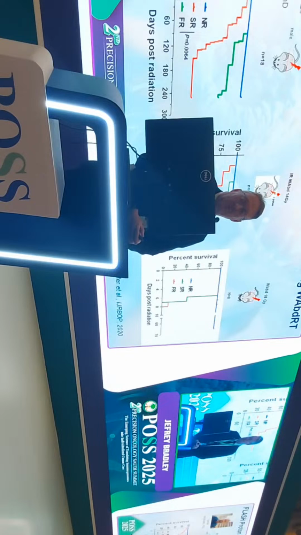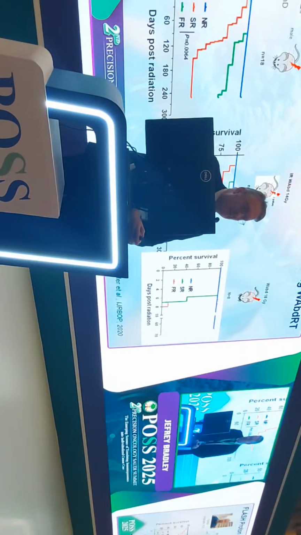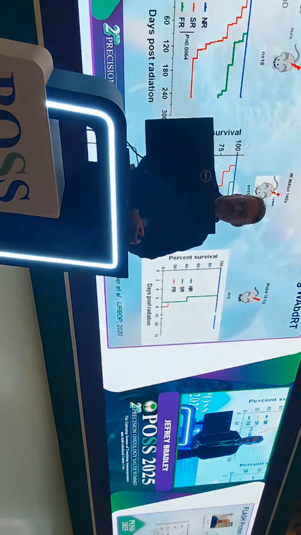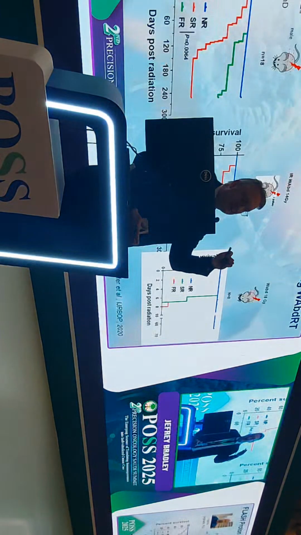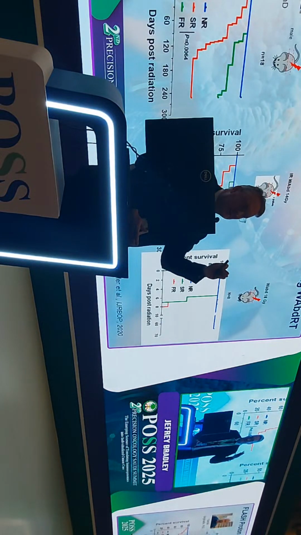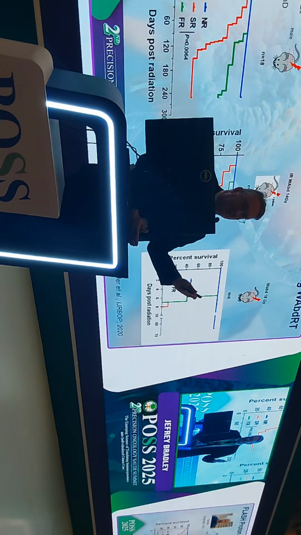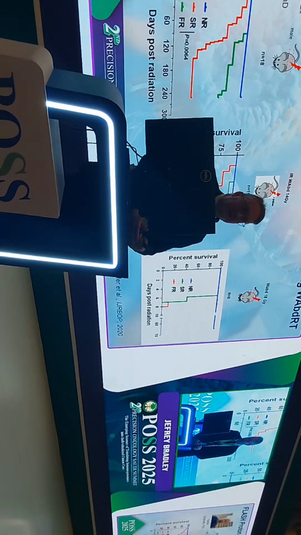In the middle curve, if we divide that 14 gray into 2 pulses, we even see a little better flash effect in the green compared to standard radiation in red. And then if you get the dose too high, let's say 18 gray in a single fraction, the mouse dies. So there is a therapeutic window in which you're able to see the flash effect.